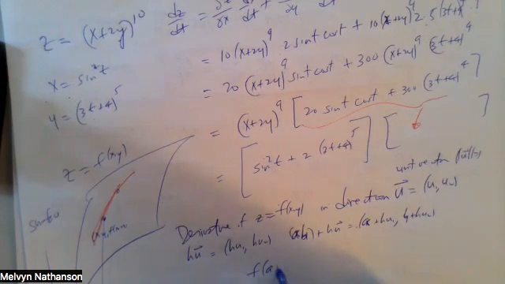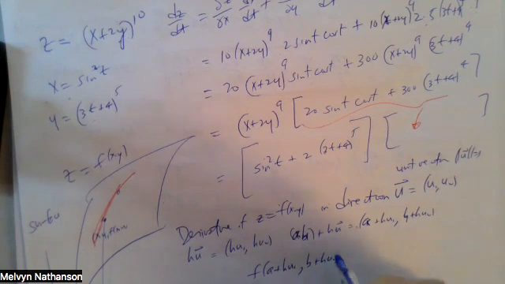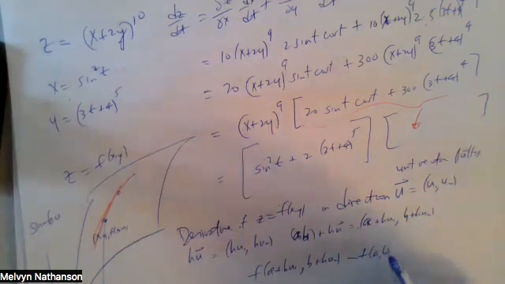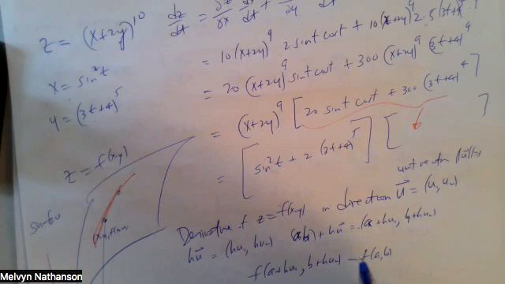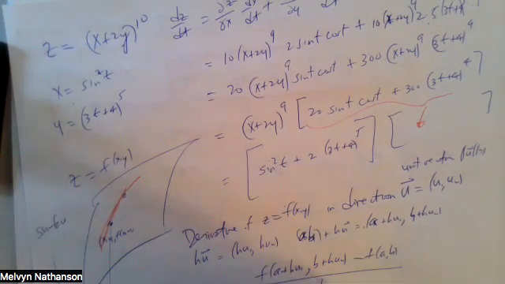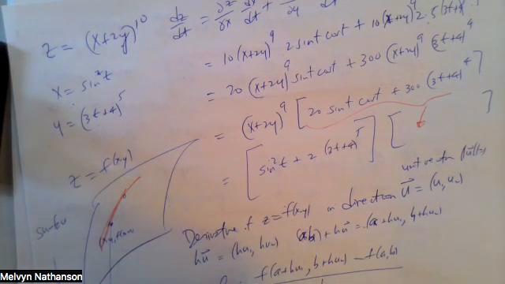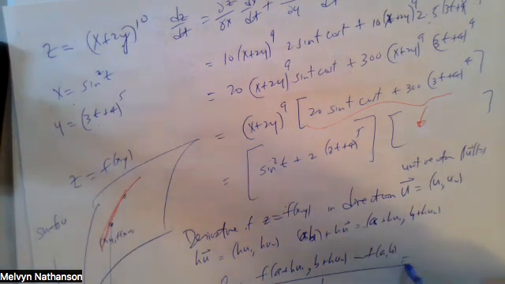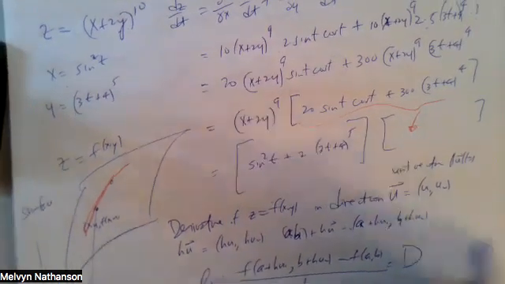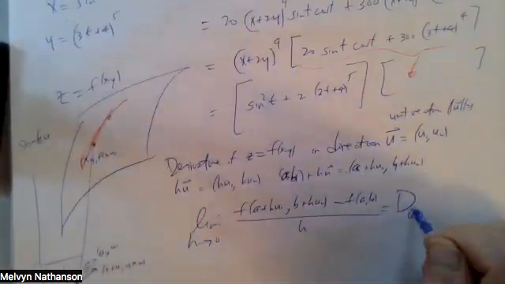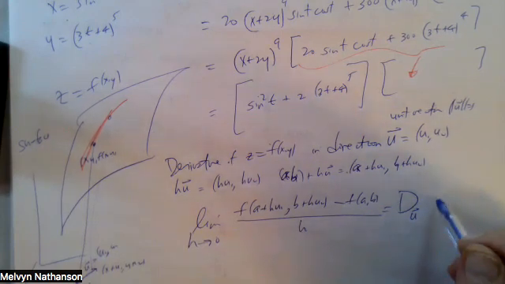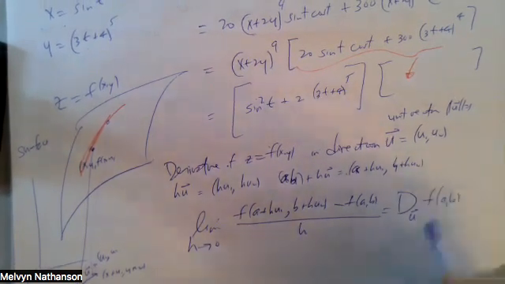If I look at f of (a plus hu1, b plus hu2) minus f of (a, b), so that's the change as you go h units in the direction of the vector u, divide it by h, and I take the limit as h goes to 0, this limit, if it exists, is the directional derivative. Then we write capital D for directional derivative in the direction u of the function f at the point (a, b).